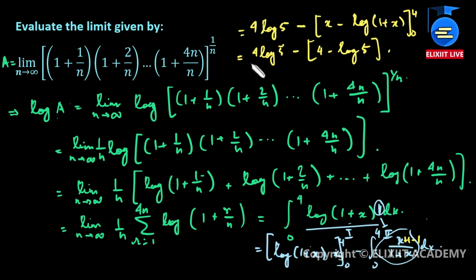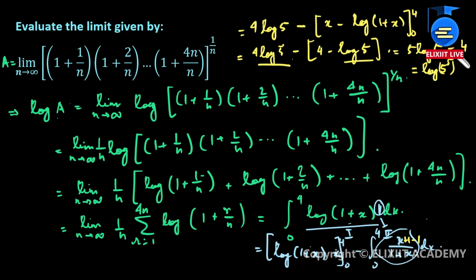So how much is this now? 4 log 5 and plus log 5, that is basically 5 log 5. So 5 log 5 minus 4 over here. Now this 4 you can further simplify. If this were given in an objective type question, they will simplify the options. Likewise, over here we have 5 log 5, so they may give it as log of 5 to the power 5.